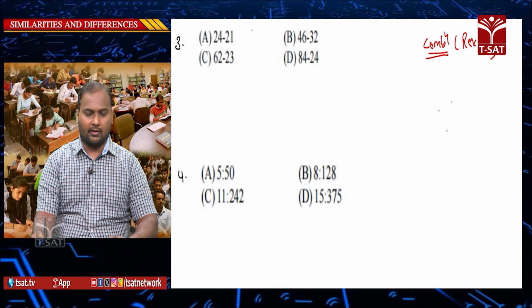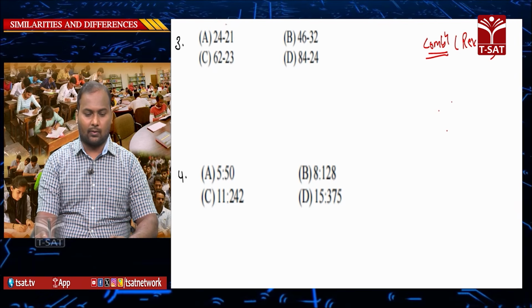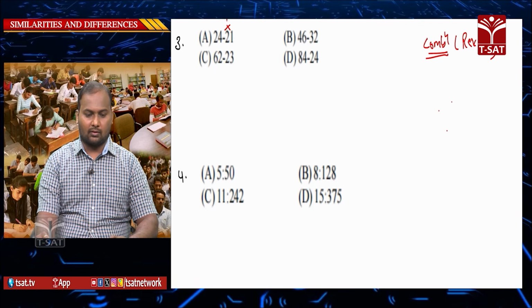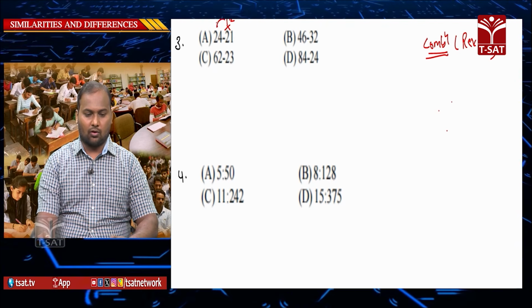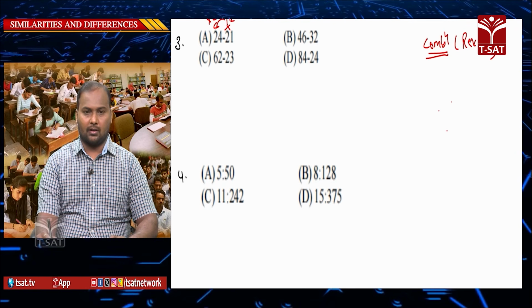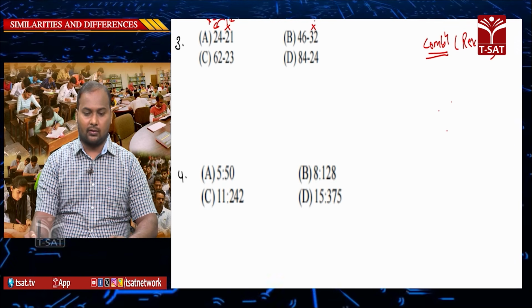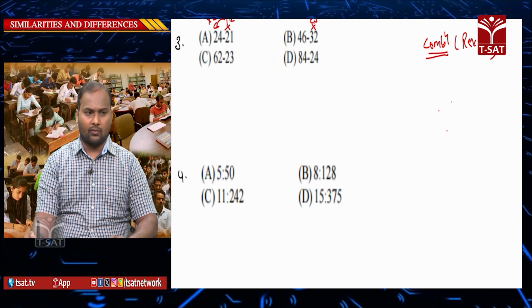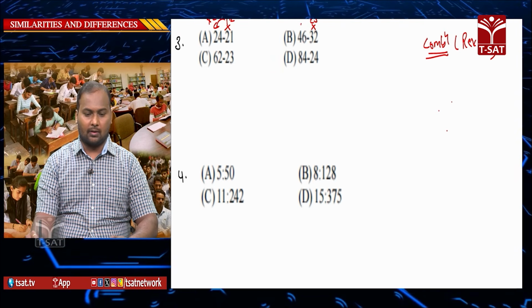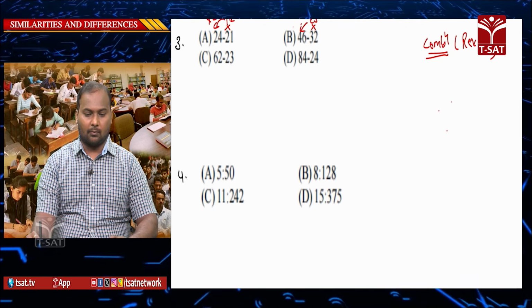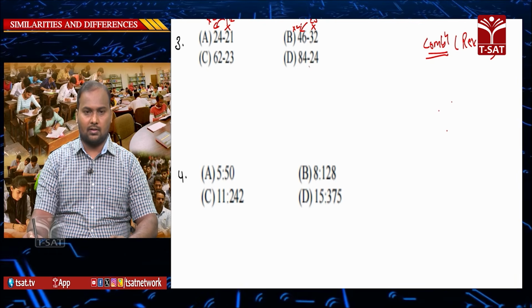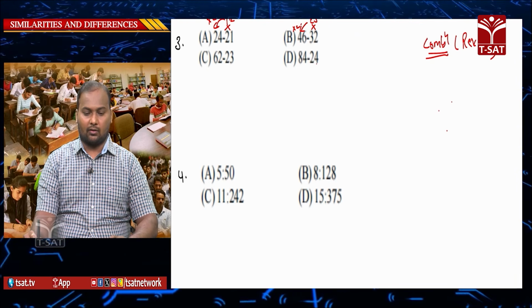So let's try to apply it here. For example, here I have 21. You reverse this 21, what you will get? 12. So 12 multiplied by 2 is 24. In the same way 32. You reverse this 32, you will get 23. Once you get 23, multiplied by 2, you will get 46. In the same way you have 24.